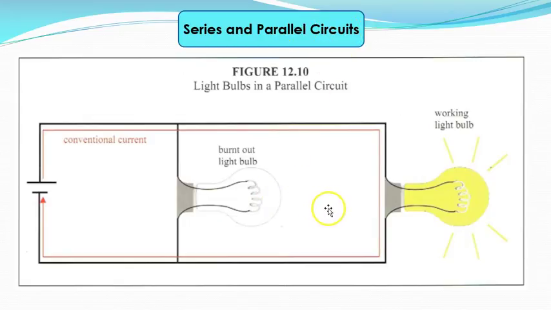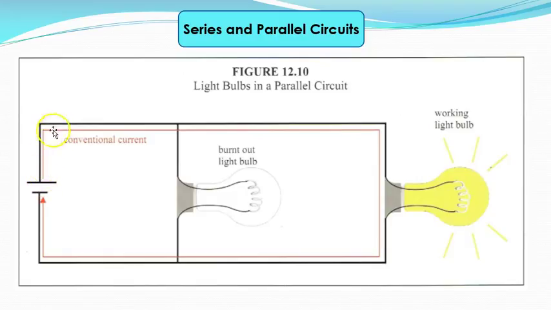In parallel circuits, the problems with series circuits can be resolved by hooking lights up so that each one is independent. It stands on its own, but at the same time, there's also a flow of current going to both bulbs. You can see this in this drawing.